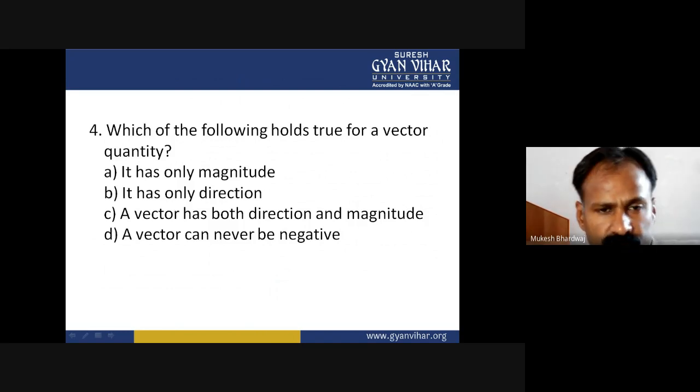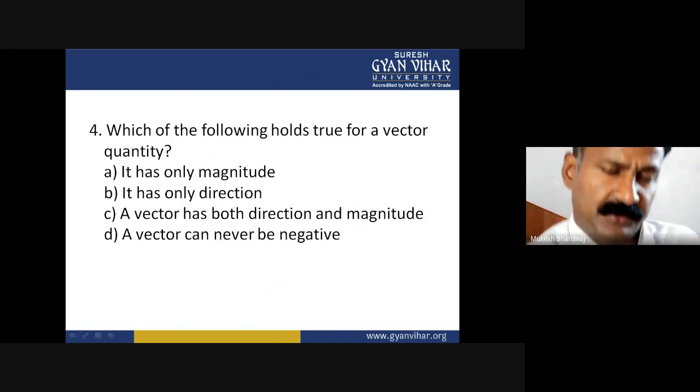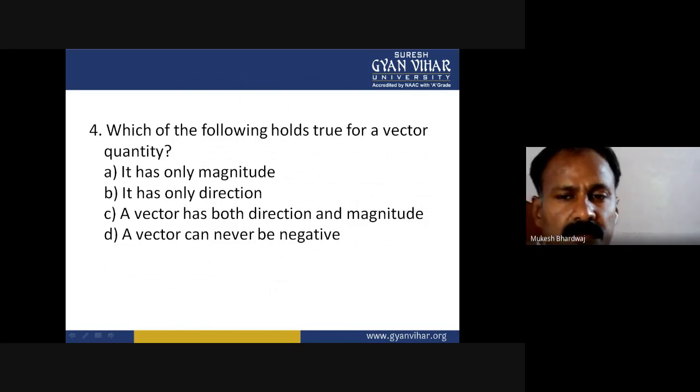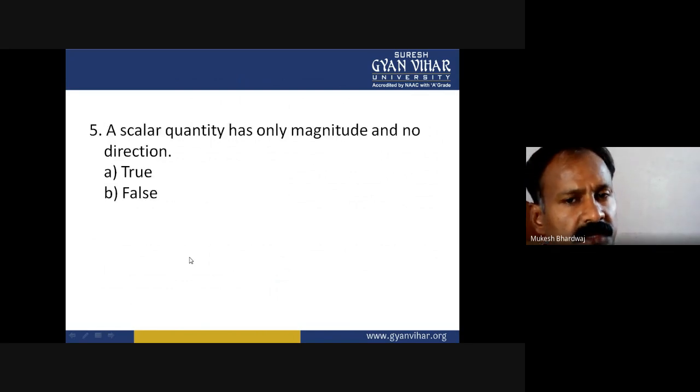So a vector has both direction and magnitude holds true for a vector quantity. A scalar quantity has only magnitude and no direction. The statement is true.